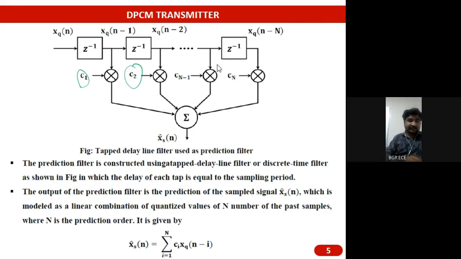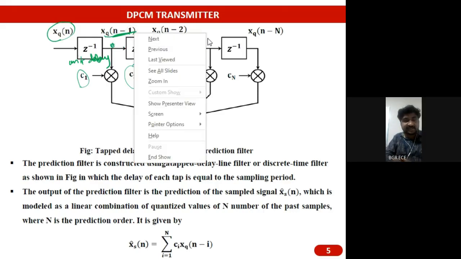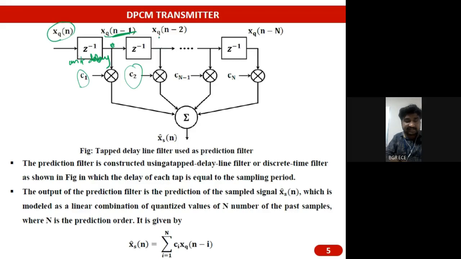So let me assume this tap delay filter construction is drawn like this. Z inverse is a unit delay. This element is called a unit delay. So if I give the input xq of n to this unit delay, then we will get xq of n minus 1 at the output. So to the next tap, xq of n minus 1 is given, and the output of the second tap will be xq of n minus 2.